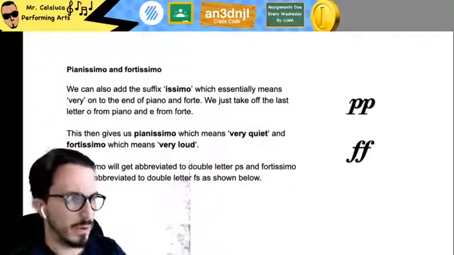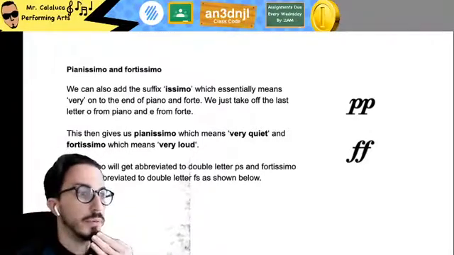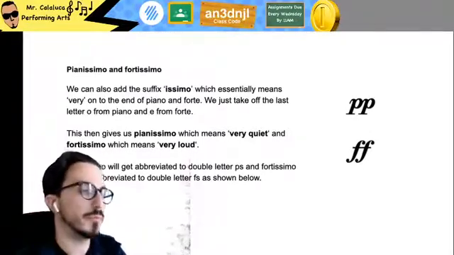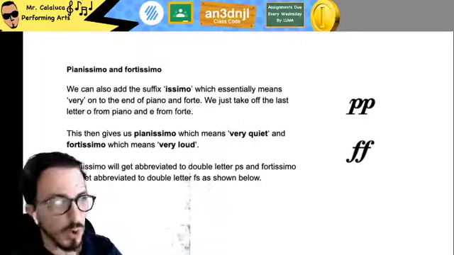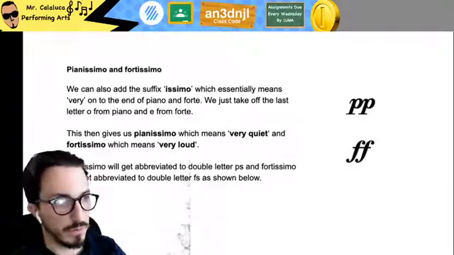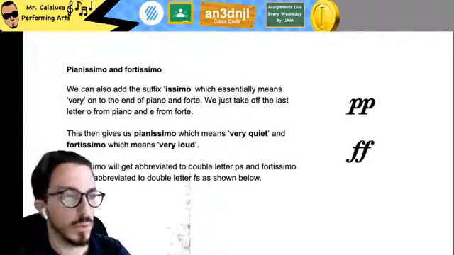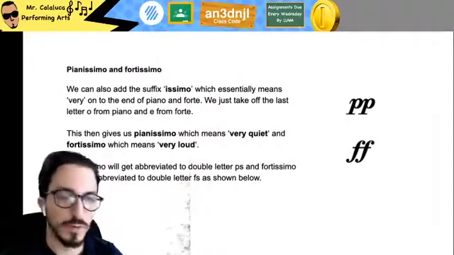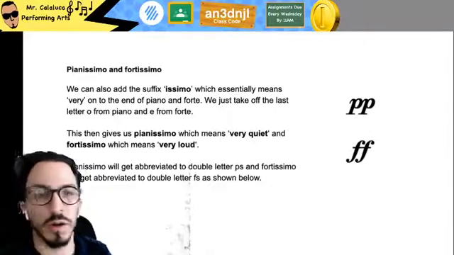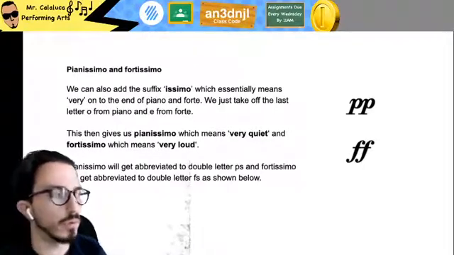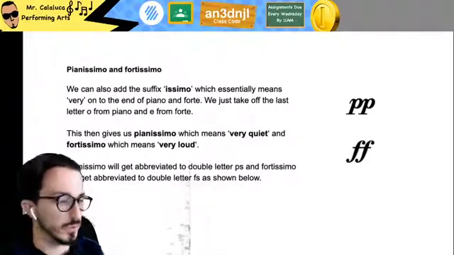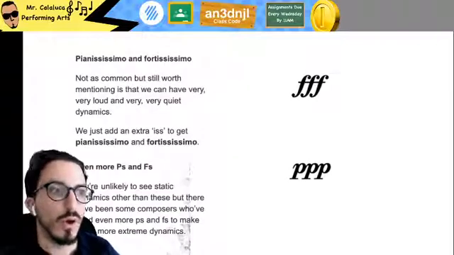This gives us pianissimo or fortissimo, which means very quiet or very loud. And the symbol for this is going to be a double P or a double F. You're going to see these in your flat, and you're going to have to incorporate one of the dynamics in your piece.